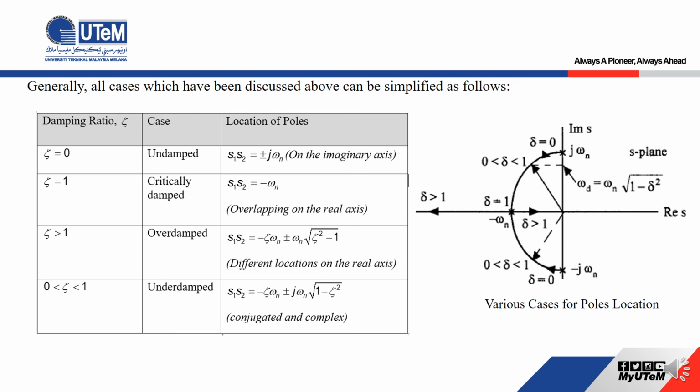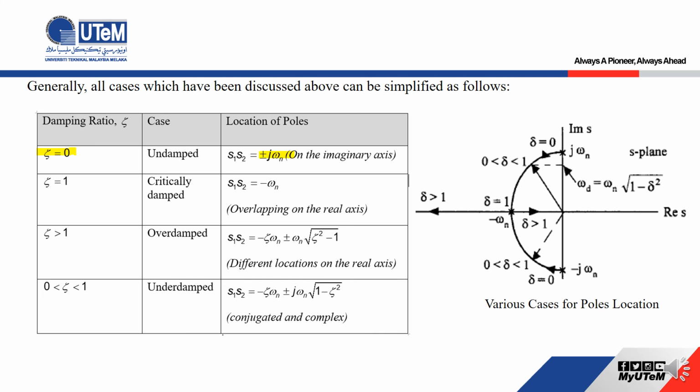Generally, all the cases that we have discussed can be simplified as follows. For the undamped case, zeta is equal to 0. For this case, the location of the pole is on the imaginary axis, at plus minus j omega n.